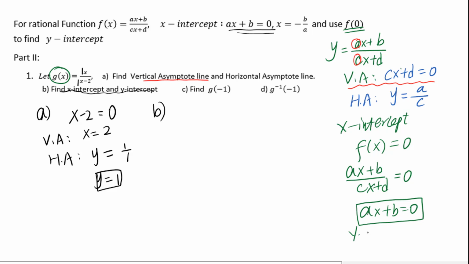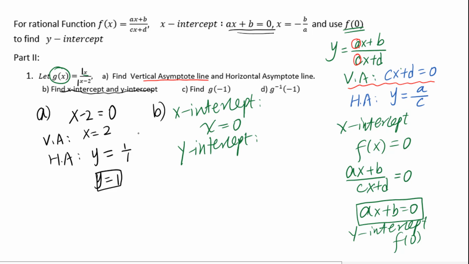For the y-intercept, we will use f of 0 to figure it out. Therefore, for the x-intercept, we will make the numerator equal 0. For the y-intercept, we make g of 0 equals 0 over 0 minus 2 equals 0.